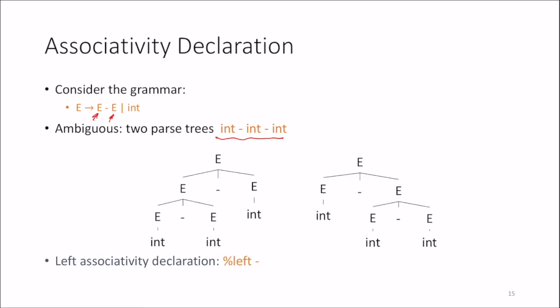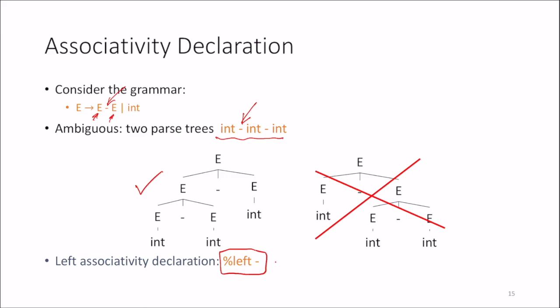If I wanted it to be left associative, then I could tell Yacc with a very simple declaration like %left minus, which says that whenever I have minus and I'm going to use this rule E minus E, make sure that I prefer the left associative one, which is this one, and disprefer the right associative one.